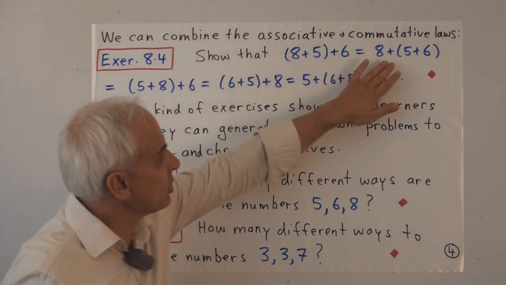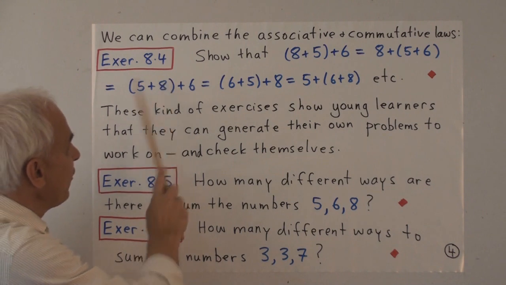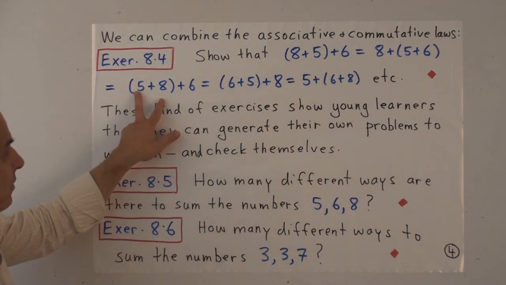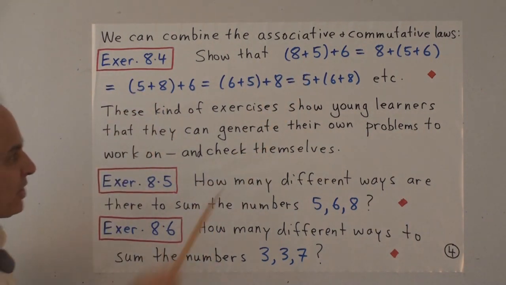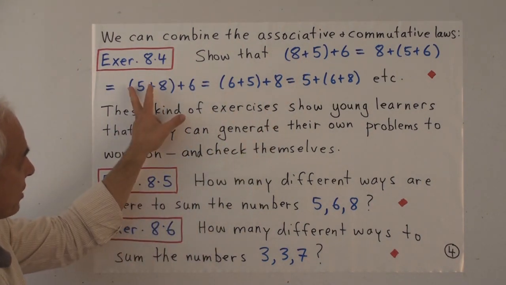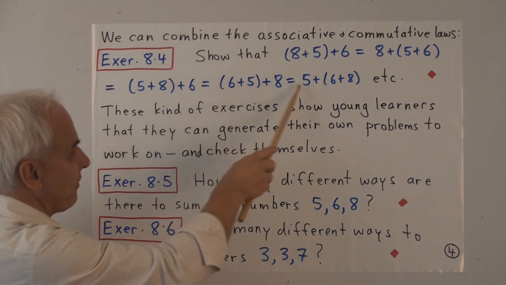That's exactly an associative law application. But this one is different because it's taking this thing here and using the commutative law, the fact that 8 plus 5 is the same as 5 plus 8. So we're rewriting it. So here we're generating some more combinations by allowing ourselves to swap the orders of the numbers themselves. We're sort of mixing them up in different ways and combining them with different brackets.